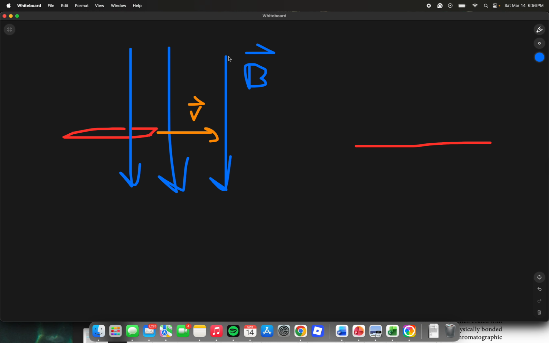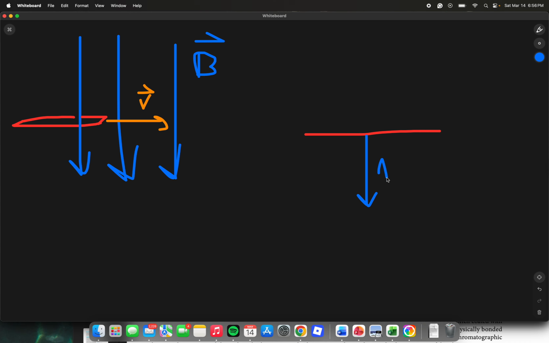Well, if the amount of field lines is increasing, the amount of flux is increasing, and the amount of flux is increasing in this way. So we call this the delta, or the change in flux of magnetic field lines.